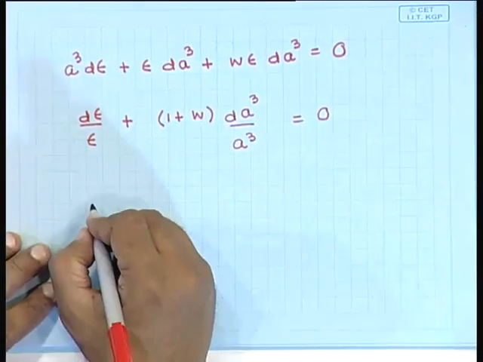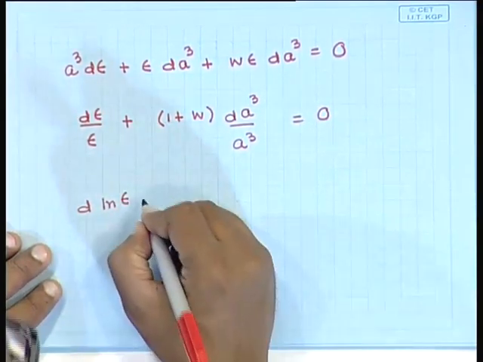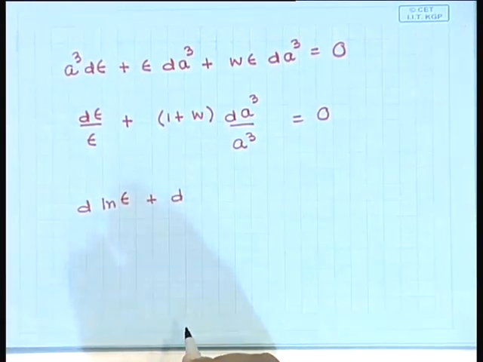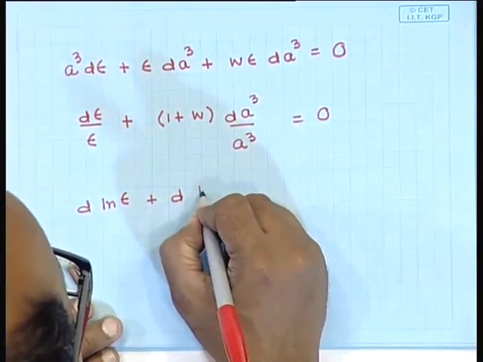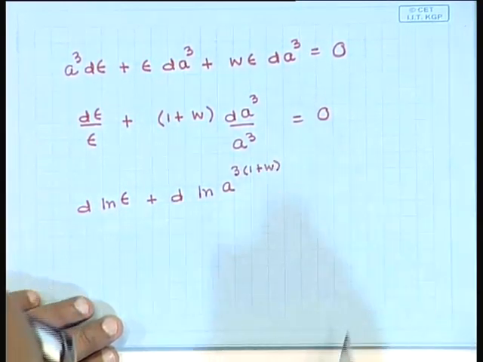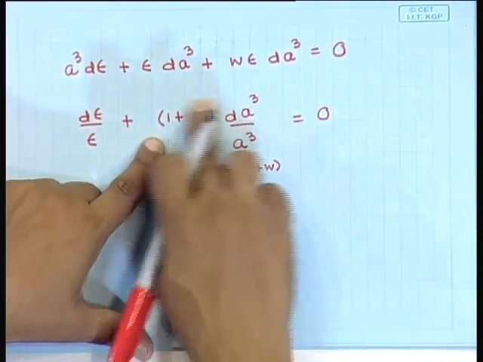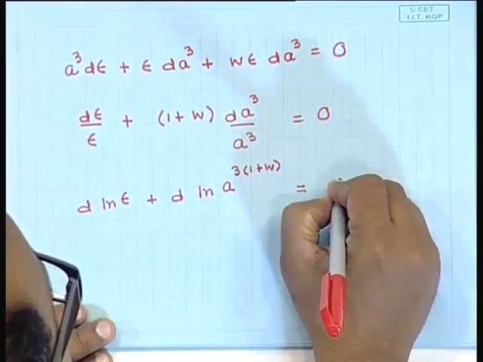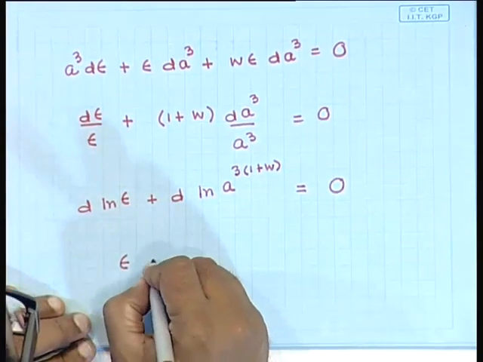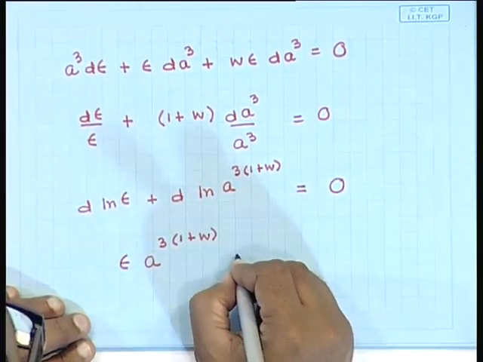So, this is d of ln epsilon plus d of ln A cube into 1 plus W, which is the same as d of ln A to the power 3 into 1 plus W. So, this is equal to 0, or it essentially tells us that epsilon into A to the power of 3 into 1 plus W should be equal to a constant.